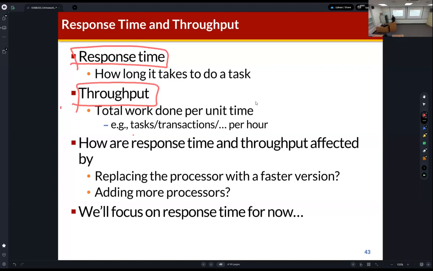But this time, I will focus on the response time to represent the performance of a computer system or the performance of a processor. Just remember that this time we will learn about response time, and I use response time to compare the performance of different computer systems, right?